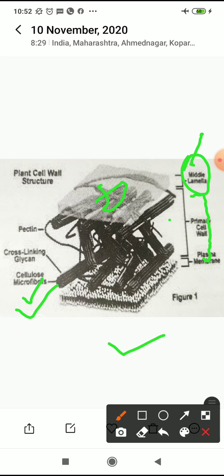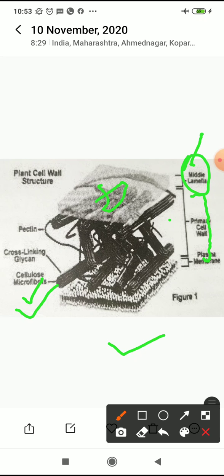In particular cells, for example, phloem and xylem, an additional layer is laid down inner to the primary cell wall in the latter stage, which is called secondary cell wall. This secondary cell wall consists of cellulose, hemicellulose, and lignin.